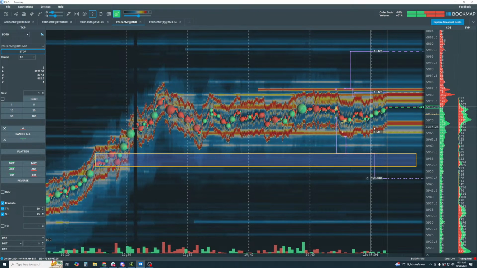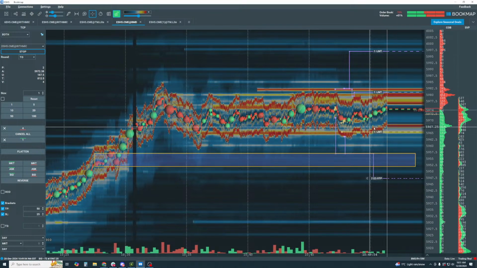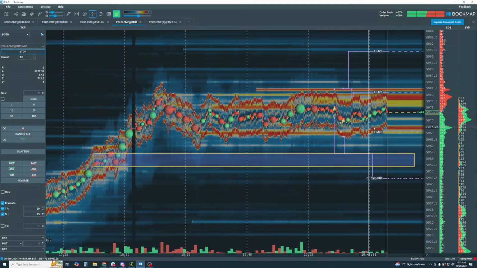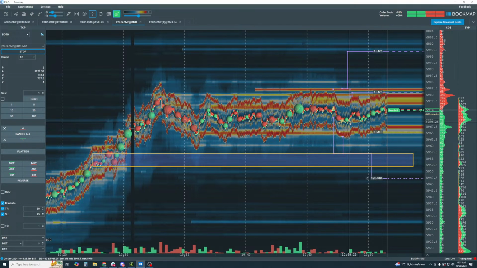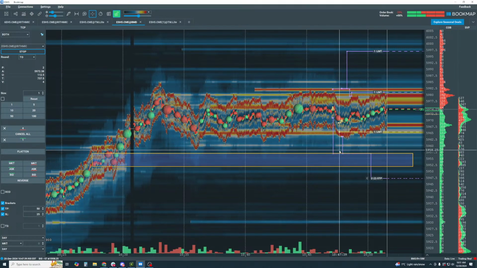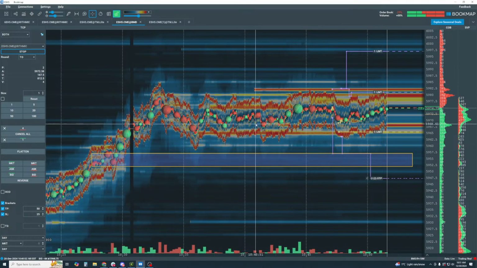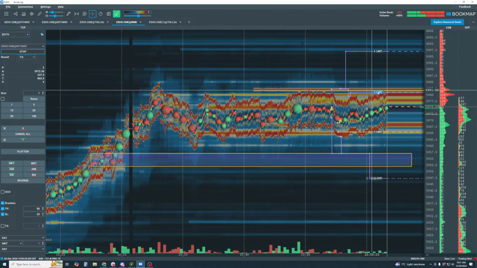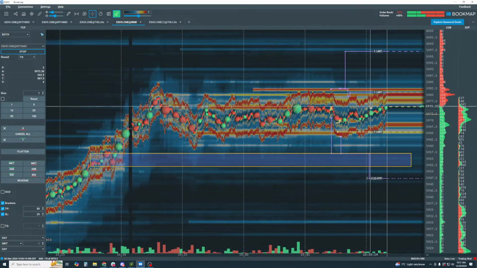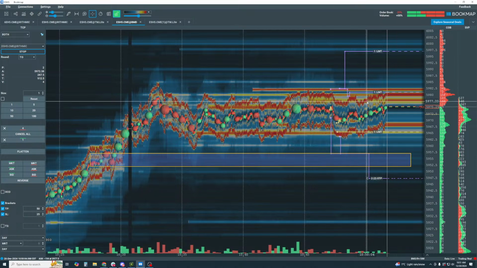You're averaging your position here, but that is the design of the strategy, to average in and average out. Because we're now kind of throwing a hand grenade instead of being a sniper.